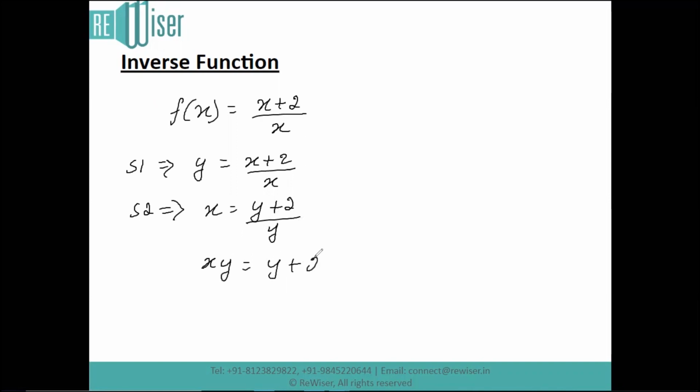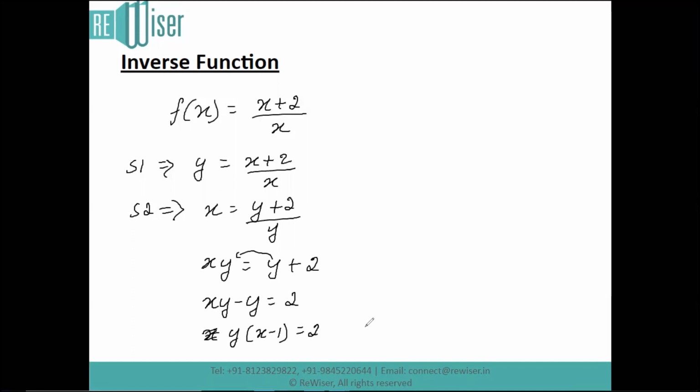If I want to make y the subject, all the y terms should be on one side, so I take this y to my left hand side. It would be xy minus y equals 2. If I take y common, this would be y times x minus 1 equals 2.